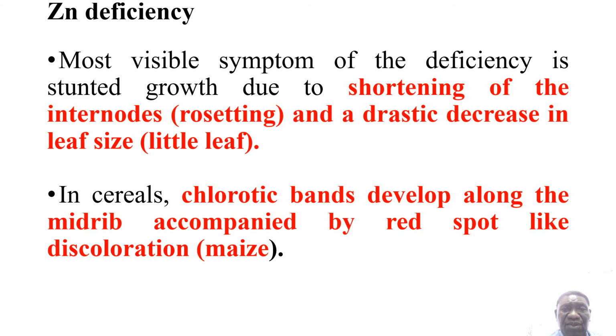The most visible symptom of the deficiency is stunted growth due to shortening of internodes, rosetting, and drastic decrease in leaf size, little leaf. In cereals, chlorotic bands develop along the midrib, accompanied by red spot-like discoloration, that is in maize.